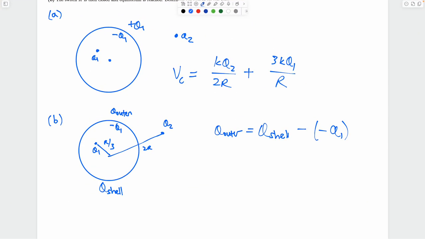Okay, then the next thing is the potential from the external charge will be like KQ2 over R, right? Wait, sorry.